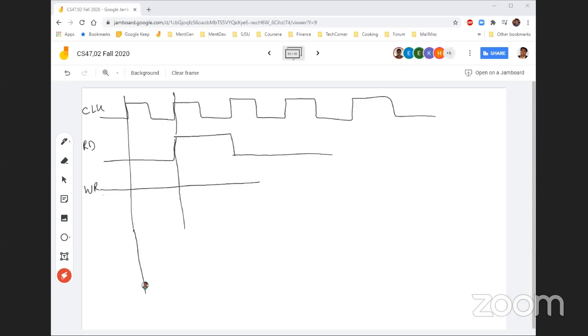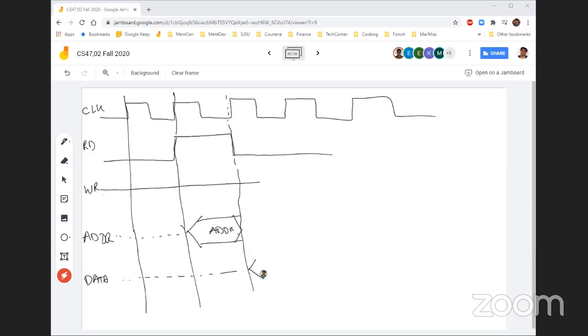And what the processor needs to send is an address from where it needs to read. So at this point, it will send out the address, ADDR, some address. Based on this request, memory will send the corresponding data at this time point.